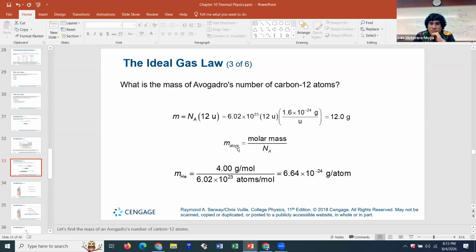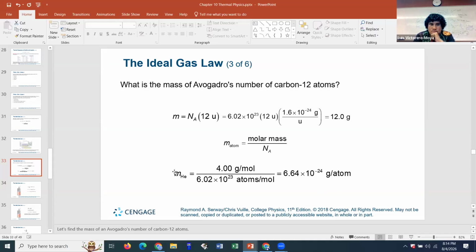The mass of an atom is the molar mass or atomic mass divided by the Avogadro number. That's the example I just did, the mass of the helium atom, in grams per atom. So you will need M and how it relates to molar mass and the Avogadro number.